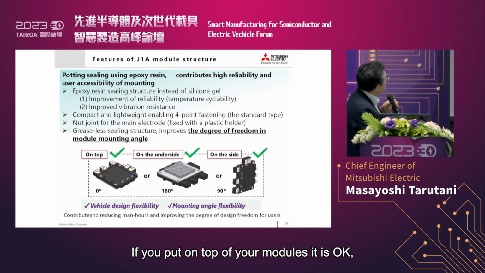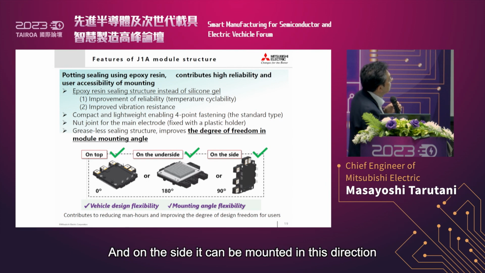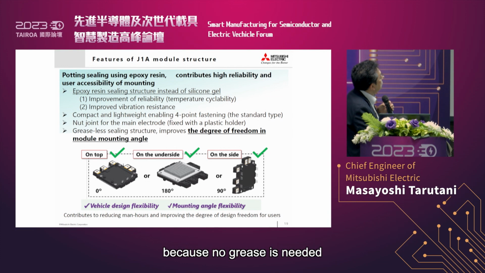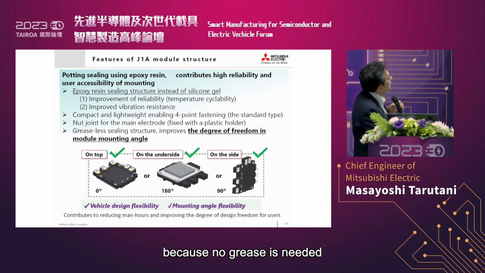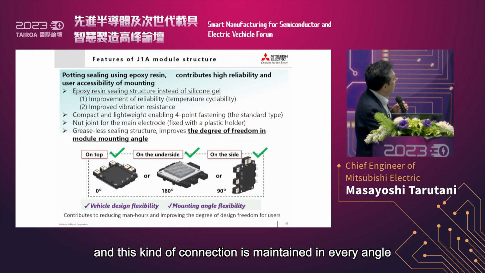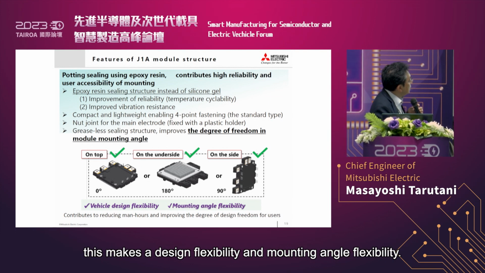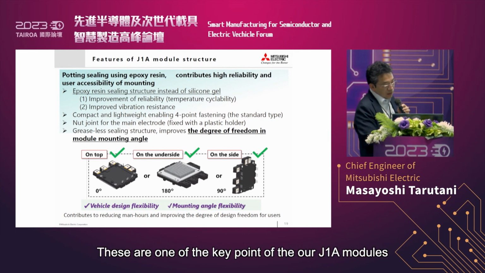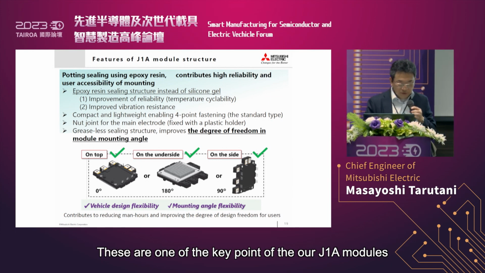If you put it on top, it is okay, and on the underside, it is also okay. And on the side, it can be mounted in this direction, because no grease is needed, so this kind of connection is maintained at every angle. This makes vehicle design flexibility and mounting angle flexibility one of the key points of our J1A modules.